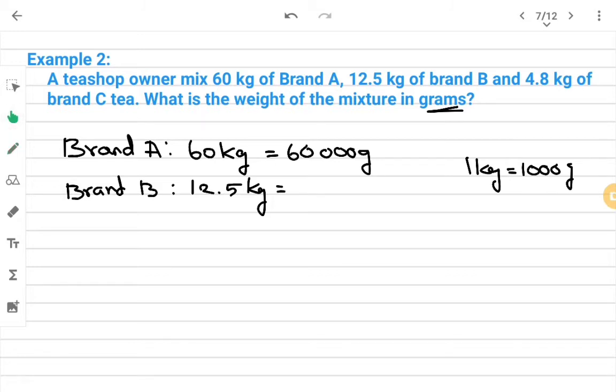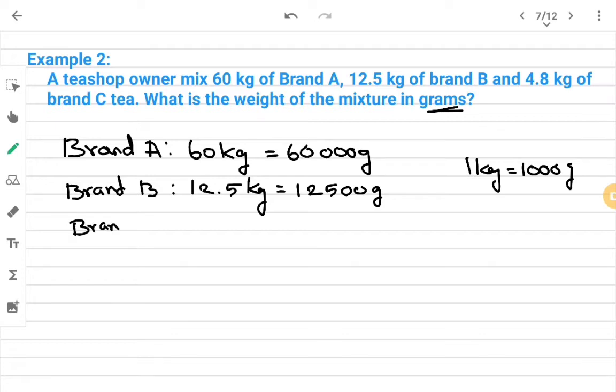We know that 1 kilogram is equal to 1000 gram. Therefore, 12.5 into 1000. The decimal is moved 3 places to the right. So 12 and here 5, then 2 zeros, because 1 decimal place is over here and then we have to move 2 more places. So 12,500 gram.